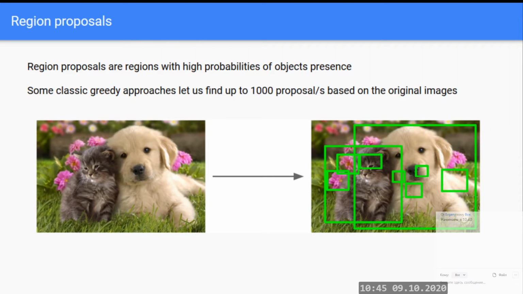For example, in the picture, we can see that we are finding the bounding boxes, the proposals for regions with grayish pixels, whitish pixels, pink pixels, and something like this.